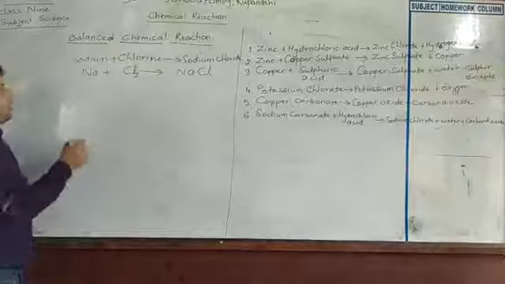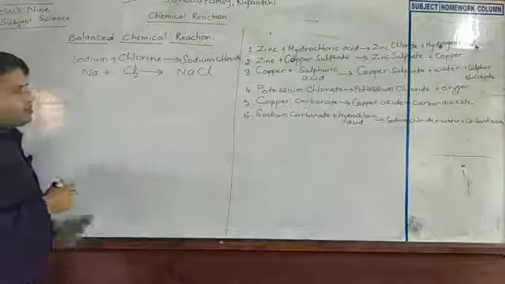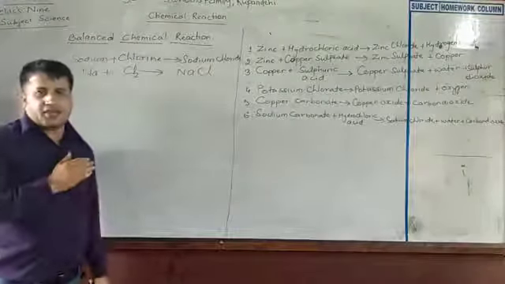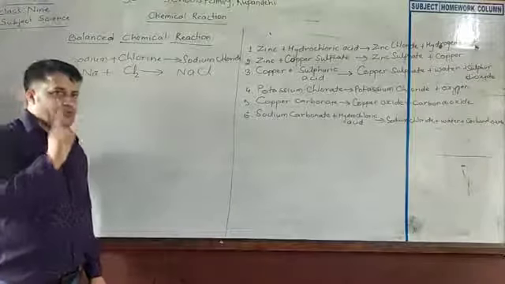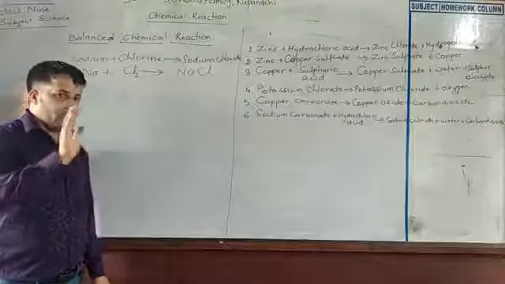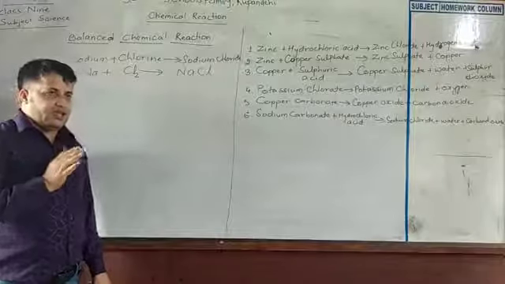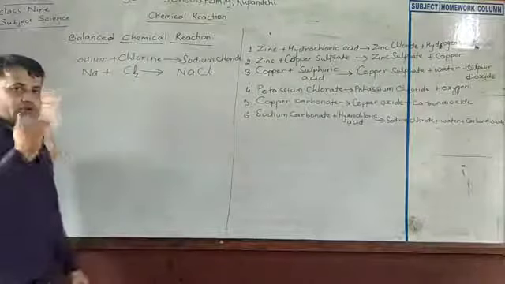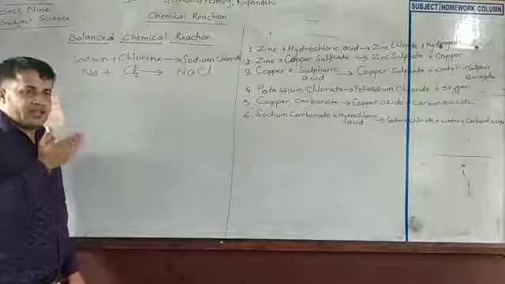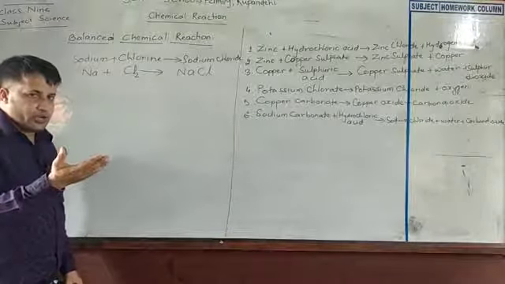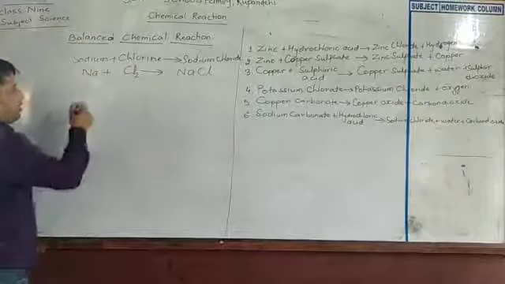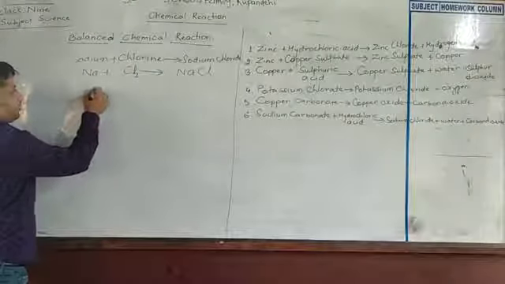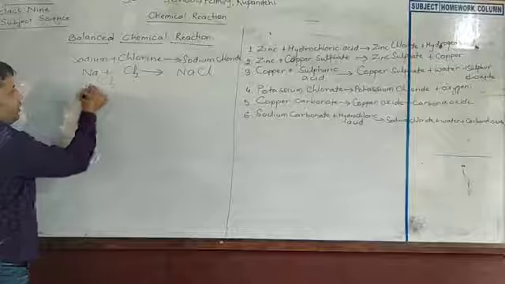Now let's see the number of atoms present in the reactant side and the product side. So first we have to write the word equation correctly, then the formula equation. Then after that we have to count the number of atoms present in the reactant side and the product side. So let's see. Sodium, how many atoms are here? 1.